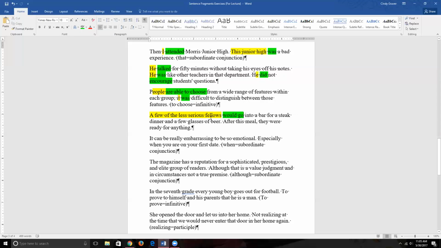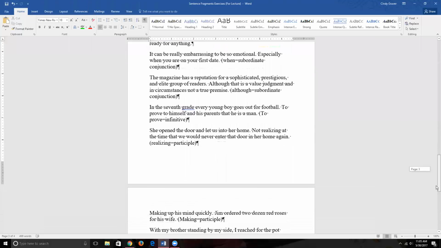After this meal, they were ready for anything. Our subject here is they. And of course, the they is a few of the less serious fellows. And were is our verb. And this also expresses a complete thought. So we don't need to make any changes to these two sentences. They are good sentences.